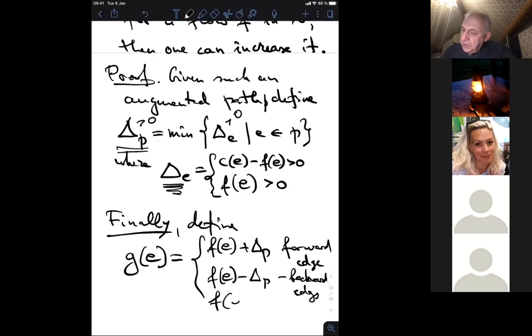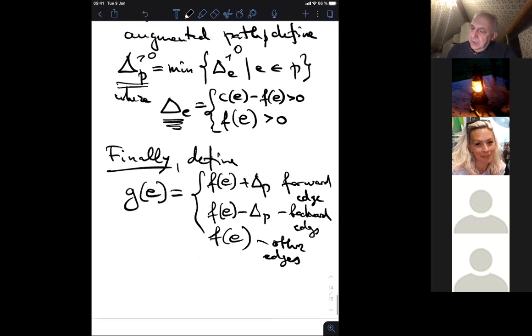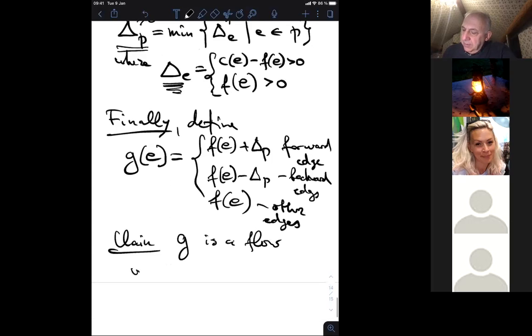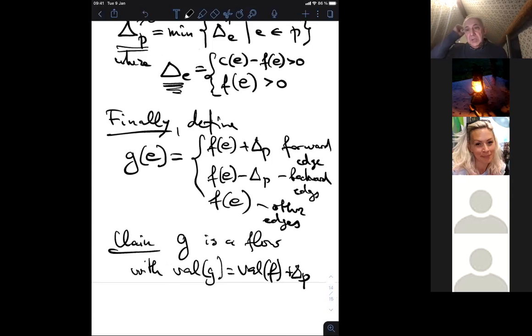And for the remaining edges, we'll not be doing anything. And the claim is that now G is a flow with value equal to the value of F plus delta P. So we're getting a bigger flow.